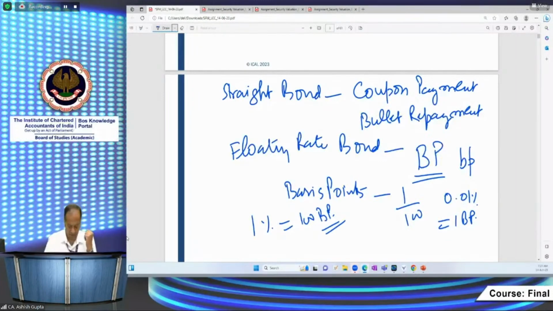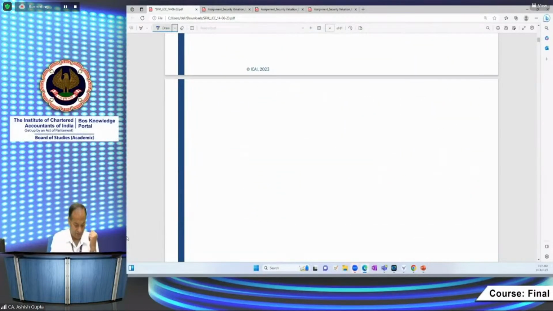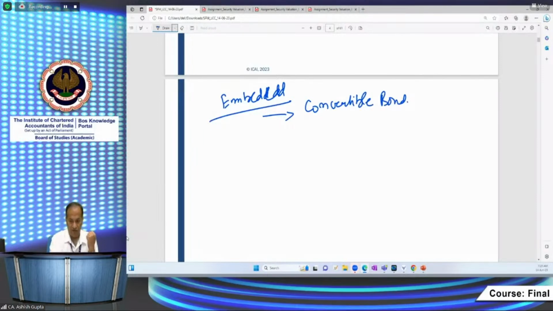Next we have discussed bonds with embedded features. Bonds with embedded features normally come out as convertible bonds. Then we have covered convertible bonds, and in addition we have discussed callable bonds.